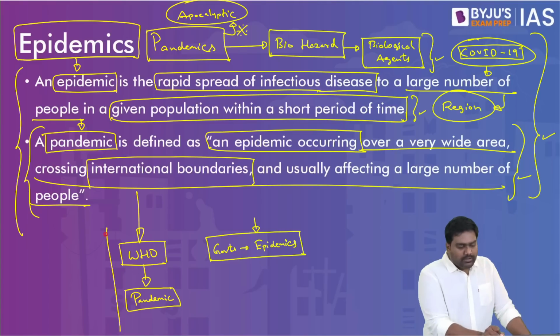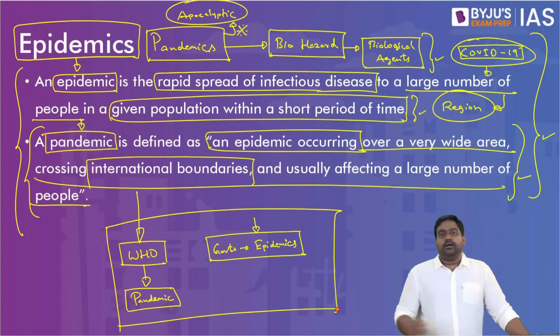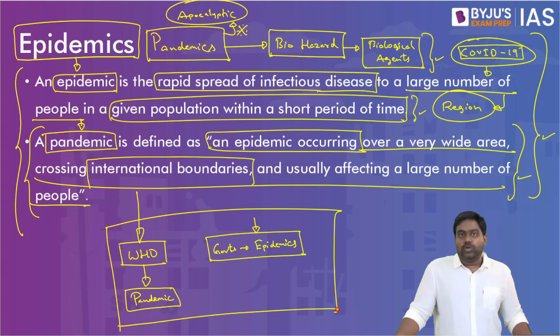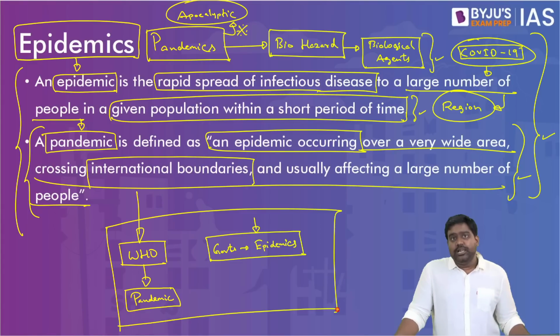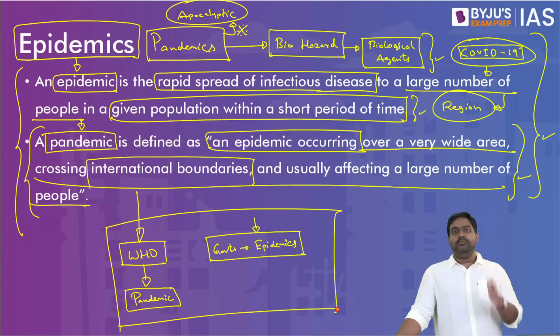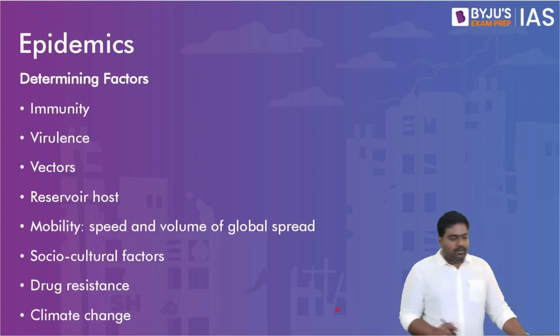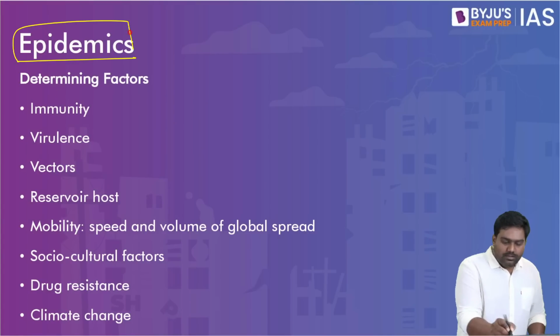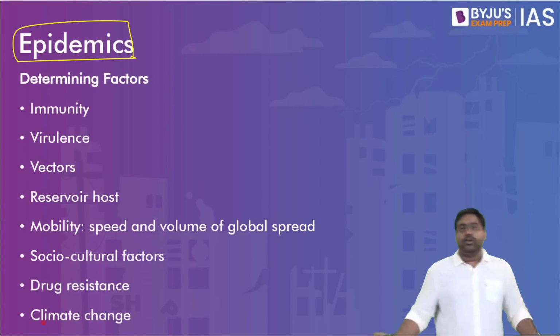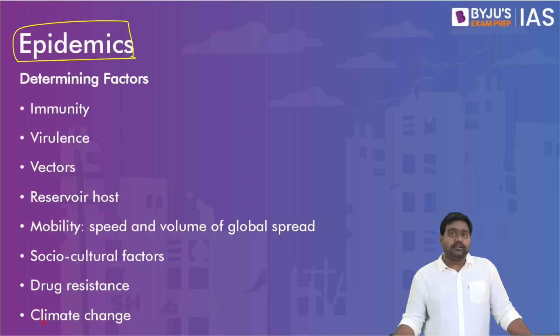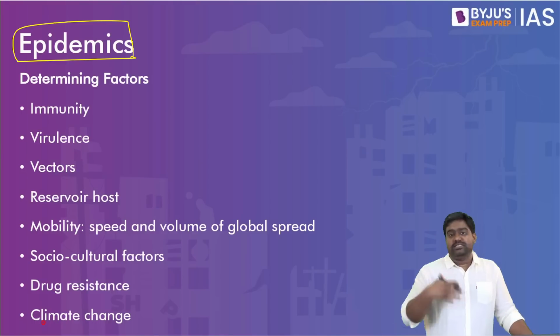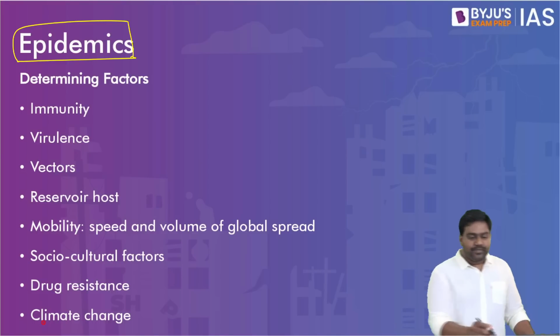All right? So when it comes to this disaster, countries work very closely with the World Health Organization. So WHO is the nodal global agency to deal with epidemics and pandemics. But at the national level, concerned governments have the power to declare their epidemics. But when it comes to pandemic, the declaration is made only by the WHO. Now, what causes an epidemic or a pandemic, and what are the determining factors that determines the impact, the scale of this disaster?